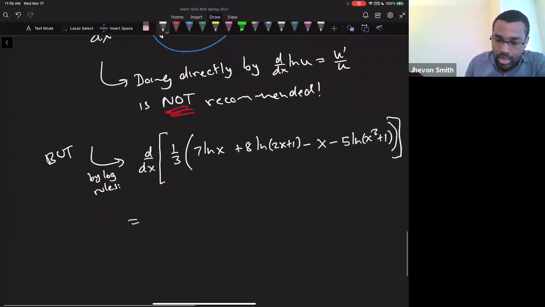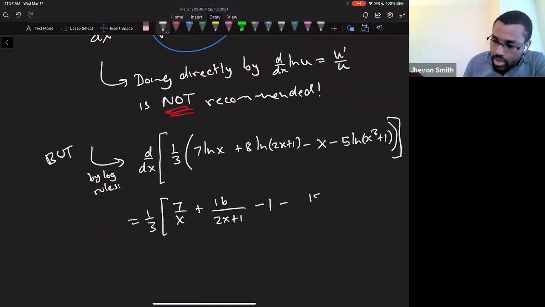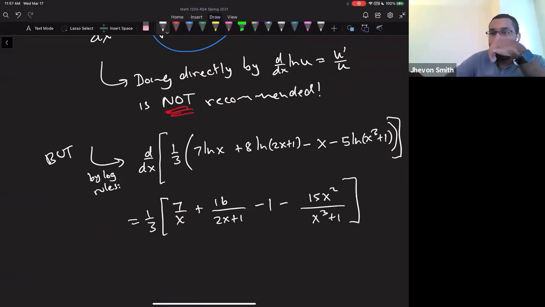And now I can find that derivative pretty easily. So this is going to be 7 over x, plus 16 over 2x plus 1, minus 15x squared over x cubed plus 1. I can do that in my head almost. It's a two-step problem.